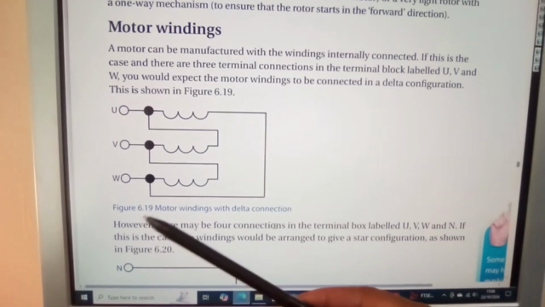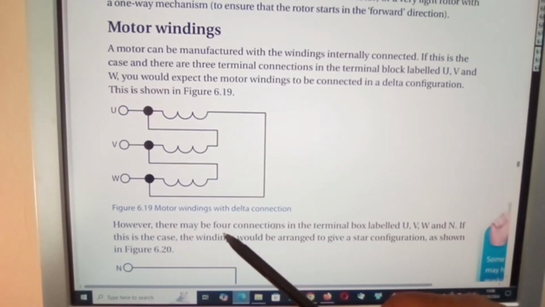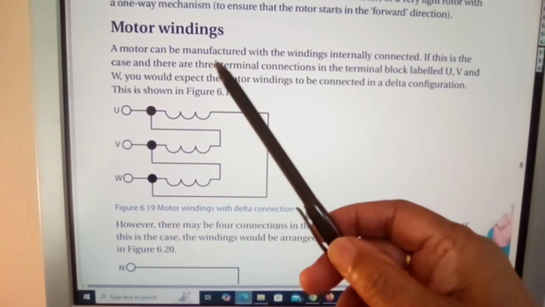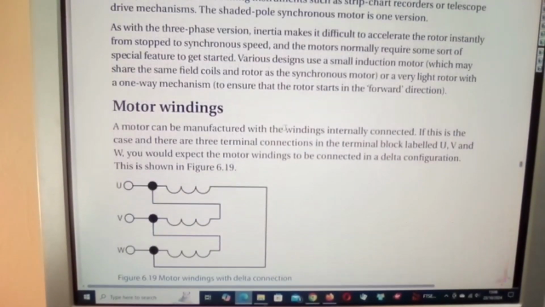Sorry, motor winding with delta connections. My apologies. I got carried away there.